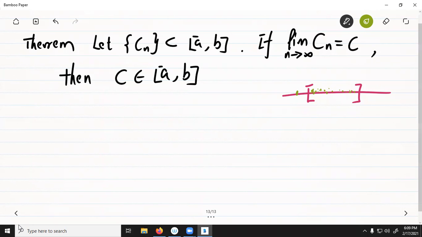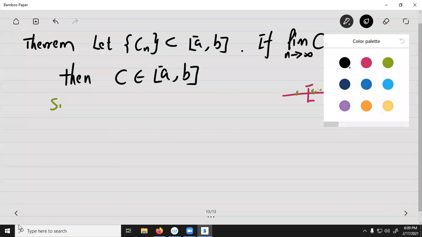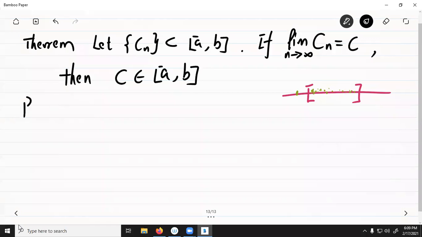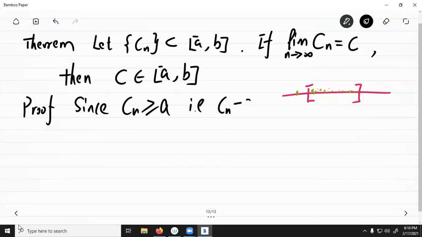Proof. Since Cn is in this interval, it's greater than or equal to A, right? In other words, Cn minus A is greater than or equal to 0.